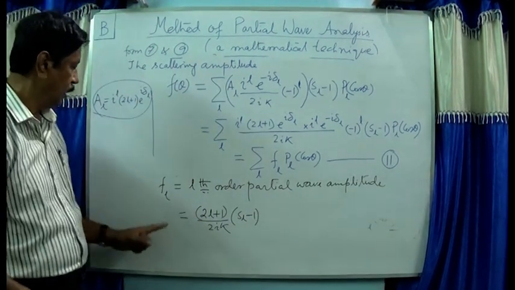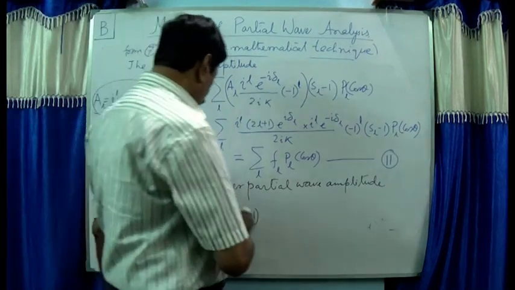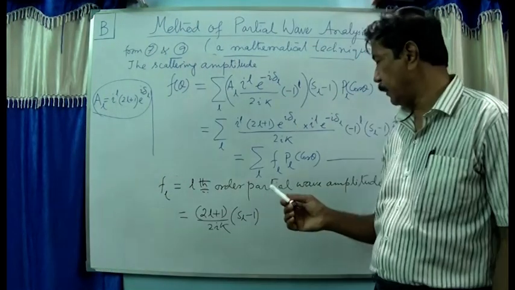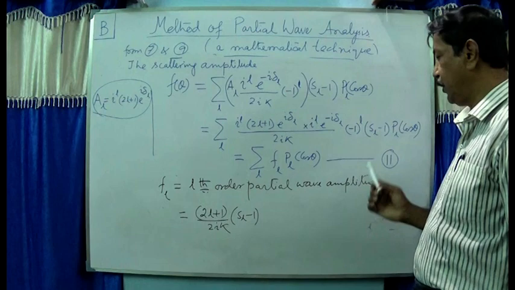This part is called the Lth order partial wave amplitude.